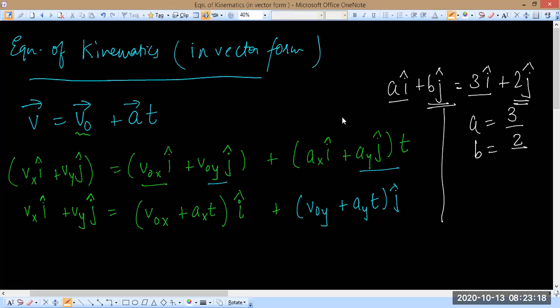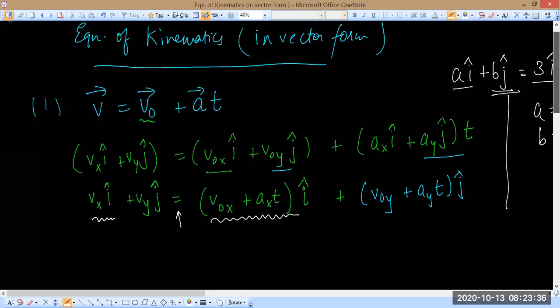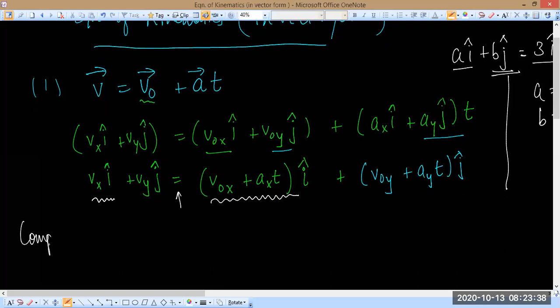Okay, I hope no one found this tough, right? So use the same idea here. There is equal to, on left side the x component is this, on right side the x component is this. So compare them. So you could just write comparing components.